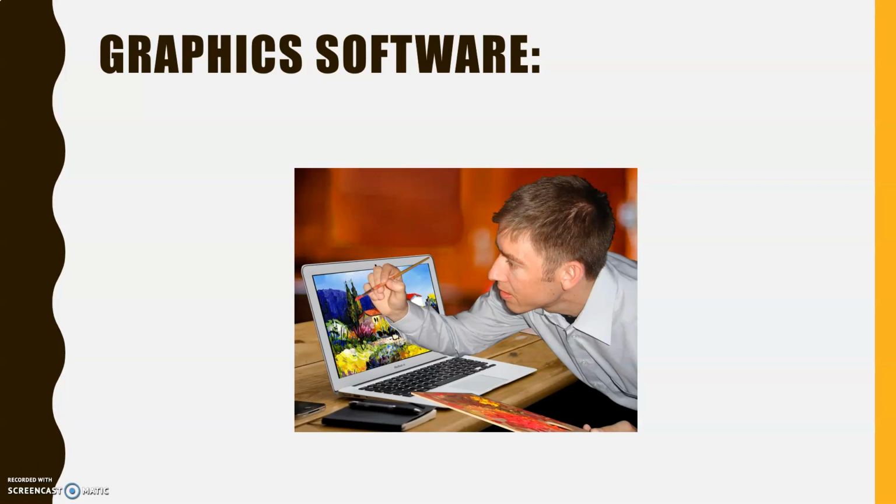First is graphics software. Let us read about this graphics software. It is used to create images such as charts, graphics, logos, photographs, cartoons, etc. For example, we can use Paint, and Photoshop is there.